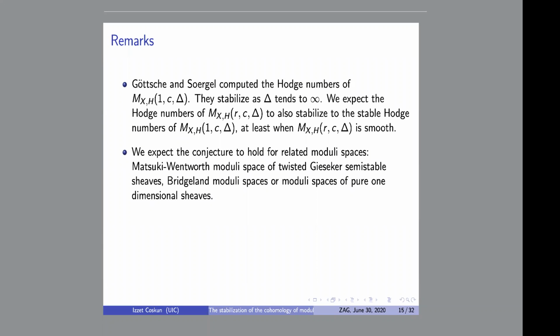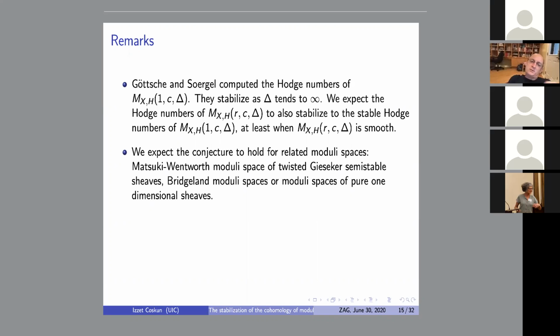There are certain related spaces where a similar conjecture should hold. There are Matsuki-Wentworth moduli spaces of twisted Gieseker semistable sheaves, moduli spaces of pure one-dimensional sheaves, and certain Bridgeland moduli spaces, and you expect that similar stabilizations hold.